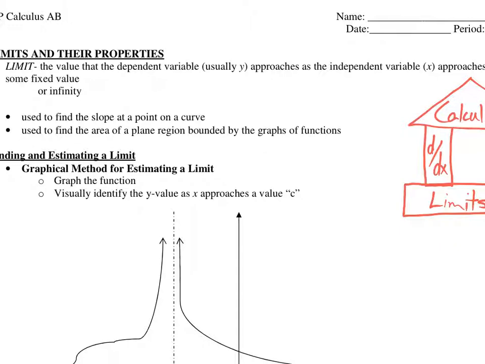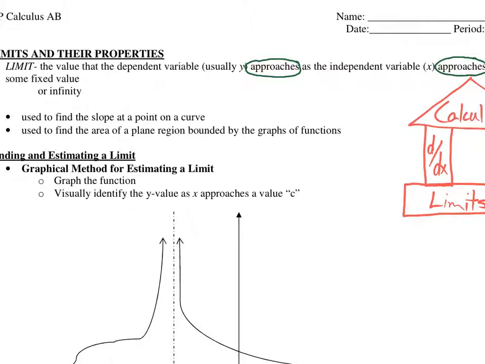I'm going to darken that up so it's a little easier to see. Okay. First of all, one of the key words in this entire discussion on limits is this word approaches. It's the value that y is approaching as x is approaching a specific value or infinity.